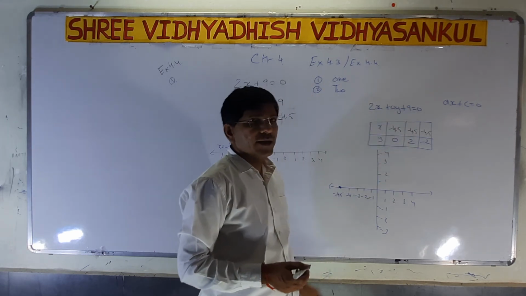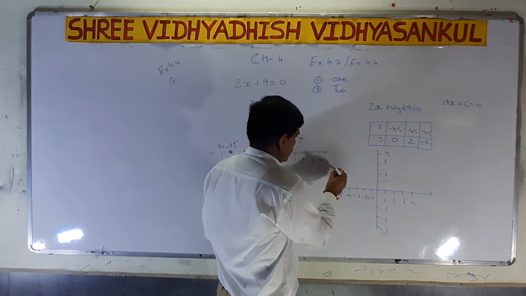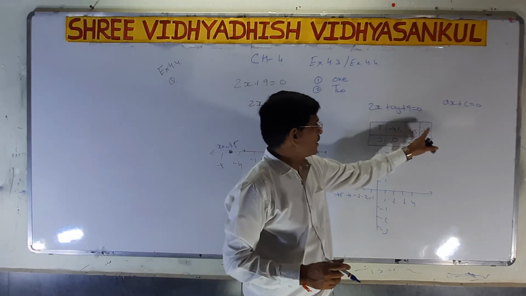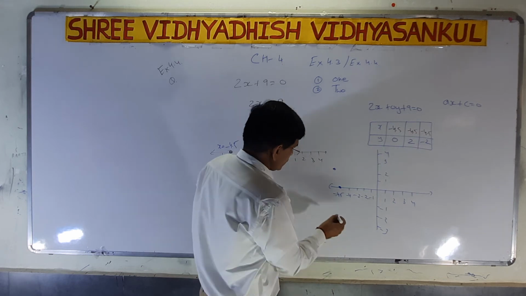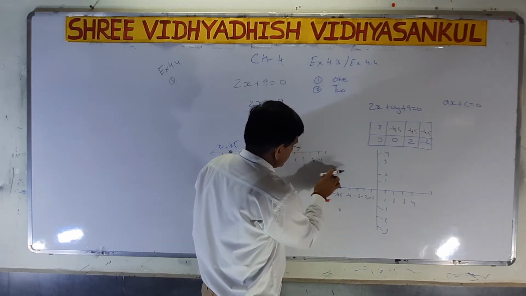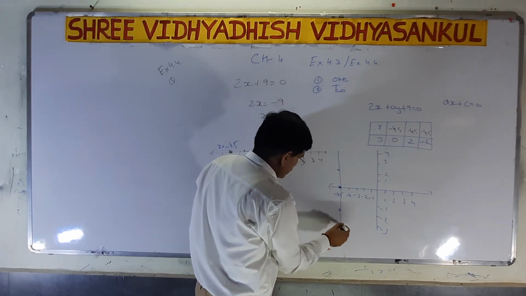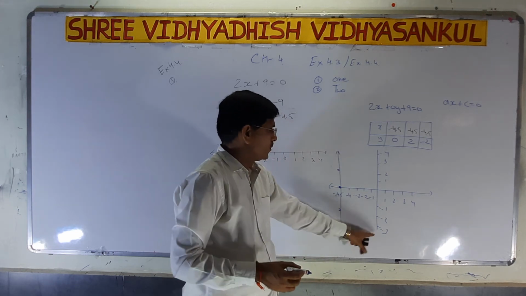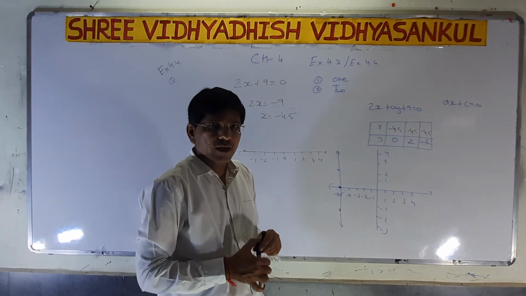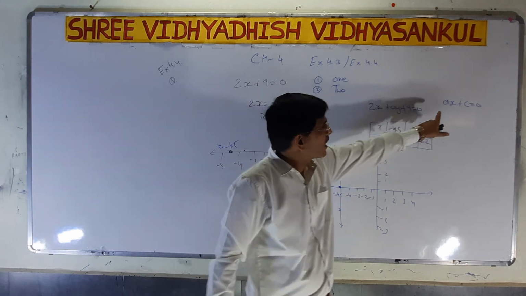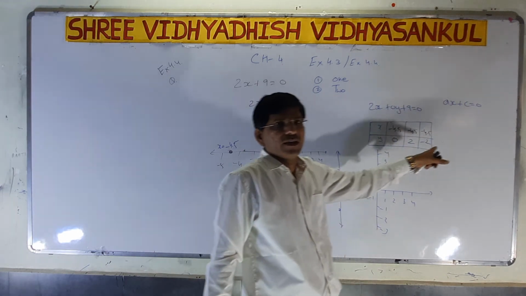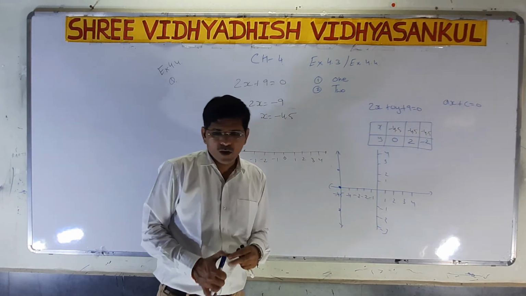Minus 4.5 and 2, so here. Minus 4.5 and minus 2, so here. So it is parallel to y-axis. Why? Because it is an x plus c type graph. So it is always parallel to y-axis.